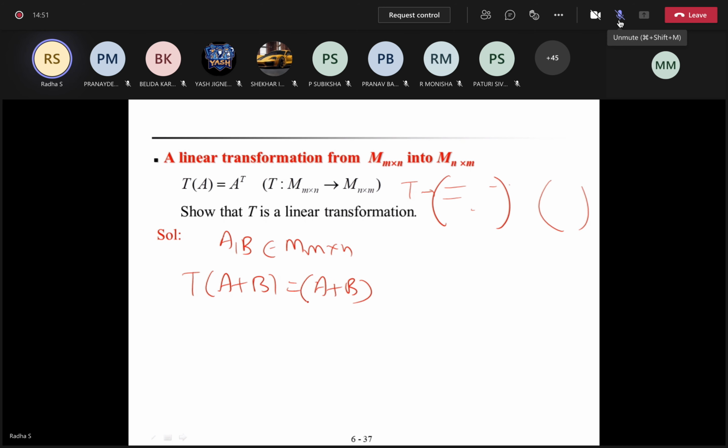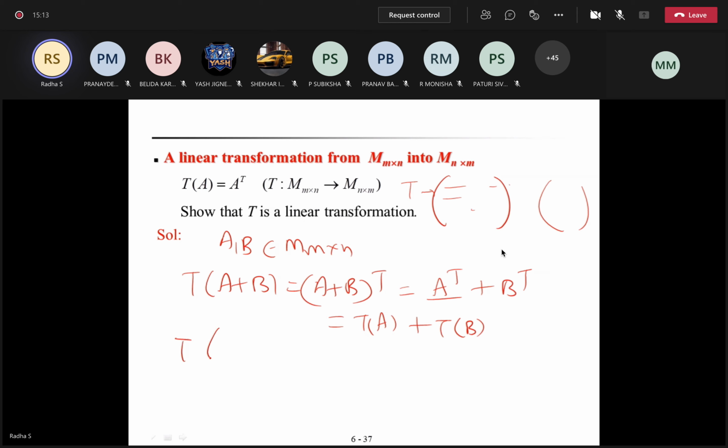So what is A plus B the whole transpose? It's very well you can write like this, and this is T of A and this is T of B. So T of A plus B is T of A plus T of B.